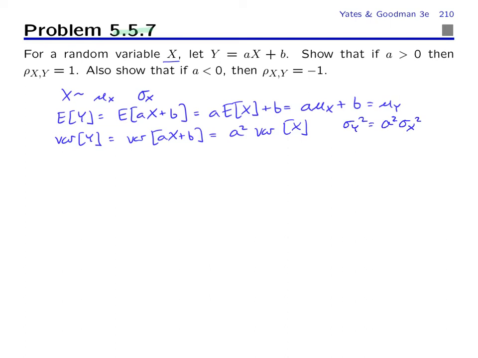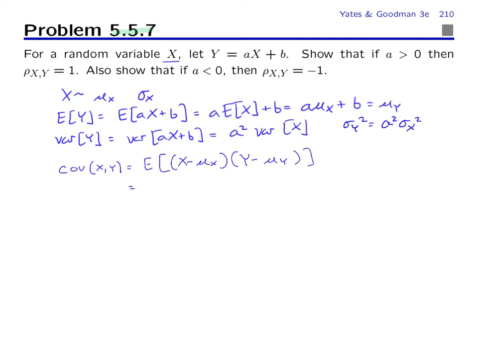Now we're ready to write down the covariance of X and Y. Covariance of X and Y is the expected value of X minus mu x times Y minus mu y.